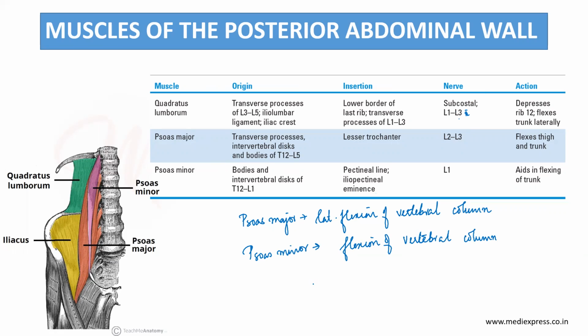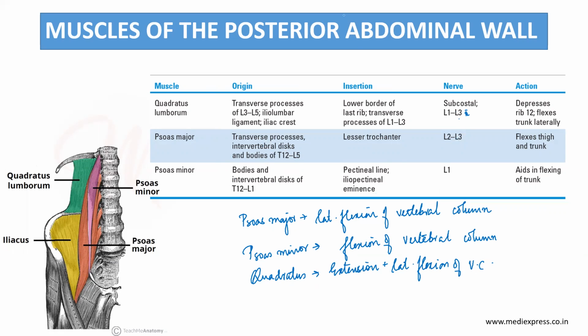And quadratus lumborum I've already mentioned, that is extension and lateral flexion of the vertebral column. Nerve innervation of psoas major is by L2, L3, and psoas minor is L1. This is regarding the muscles of the posterior abdominal wall.